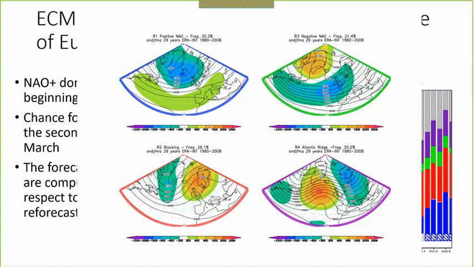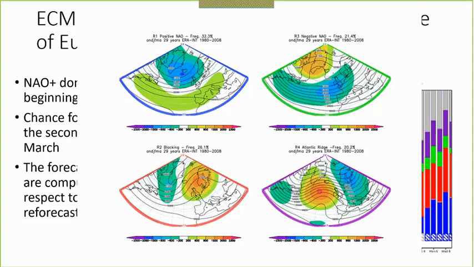And this is a really nice image that I just found out. I haven't actually been looking at this graph before, because here they have been calculating over the ERA-Interim period from 1980 to 2008 how often we have these different regimes.